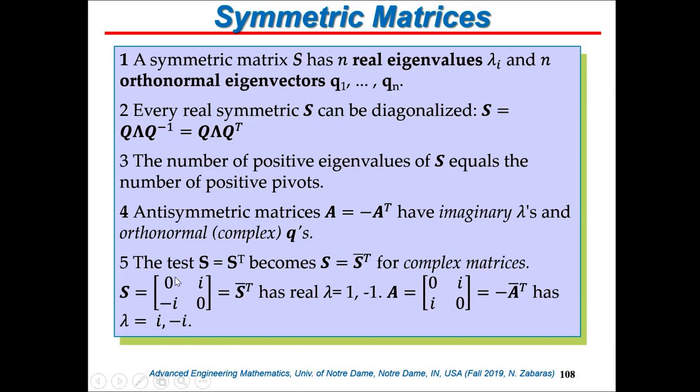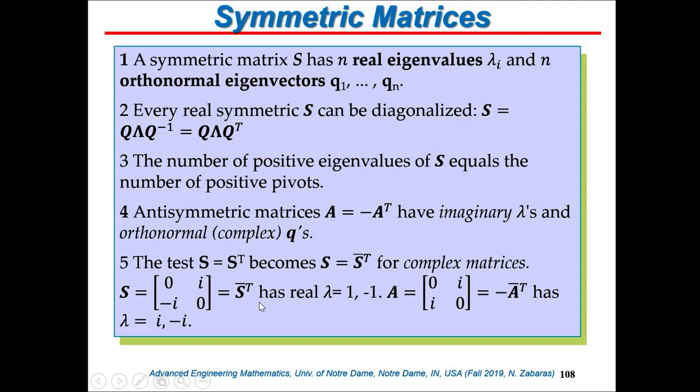For example, this matrix here, if you take simply the transpose, is not equal, you can see you're going to have a minus i here and an i there. But if you take the conjugate transpose, then you can see S is the same as S conjugate transpose. And this is what we refer to as symmetric matrices for complex matrices.